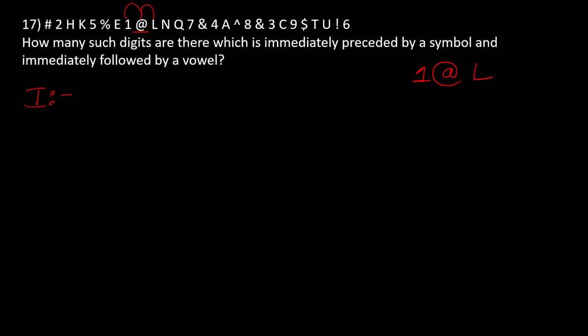Here you see $ is there, preceded by an odd digit, followed by a consonant: 9 $. Now what they have said is that this symbol you need to place immediately right of N, after N, from left to right.